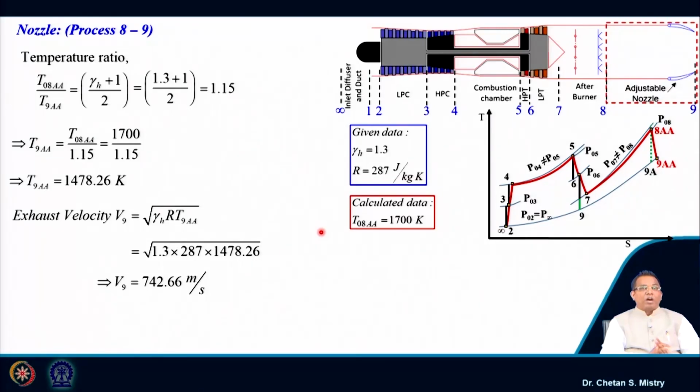That will give us an idea how we move forward with the change of parameters. That is what is required for my cycle analysis, or for the design of my gas turbine engine, specifically for the application of aircraft.